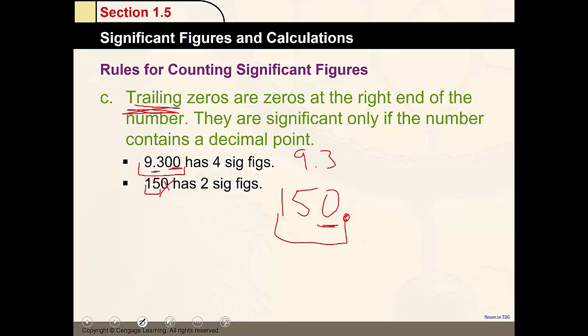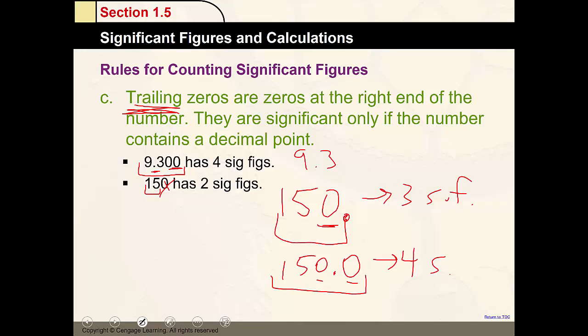So 150 with a decimal would have 3 sig figs. And if you kept on going, if it was 150.0, so both of these trailing zeros are significant since this number contains a decimal point. So 150.0 would contain 4 sig figs.